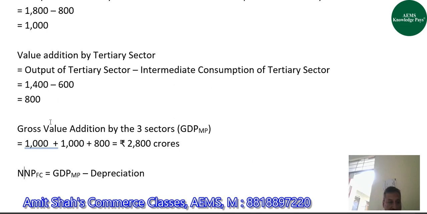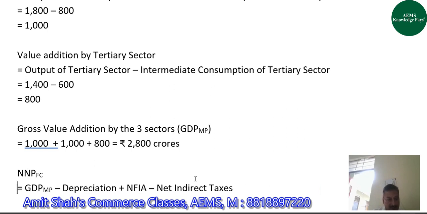Now the second letter is N, that is national, whereas here we have domestic. So to this we have to add NFIA to convert domestic into national. And here we want factor cost, but we have as of now MP at 2,800 crores. So from this we will subtract net indirect taxes. All these conversions I have already explained to you earlier.